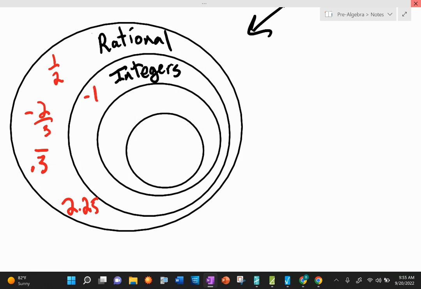Positive or negative whole numbers. Negative 2 over 3, right? Okay. Integers are positive and negative whole numbers. So we could have -1, 2, -3. Okay. Those are integers.